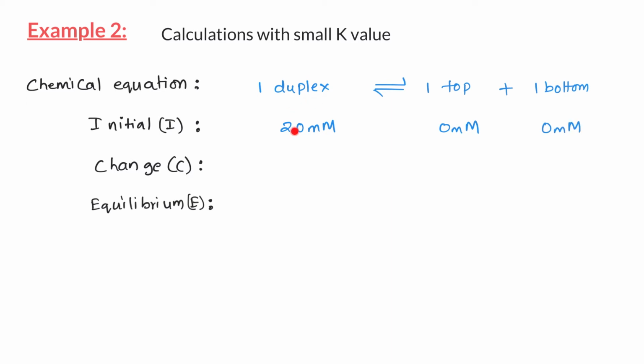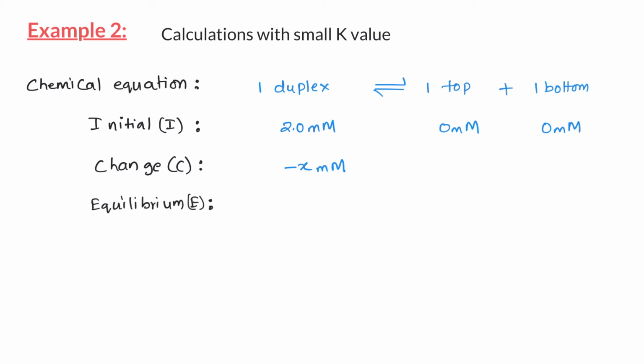Since we only have reactants and no products in the reaction mixture at the beginning, the system will move towards products to reach equilibrium. Let us assume the concentration of the DNA duplex, that is reactants, decreases by x molar before reaching equilibrium. According to stoichiometry, for 1 mole of DNA duplex that dissociates, I get 1 mole of top strand and 1 mole of bottom strand.